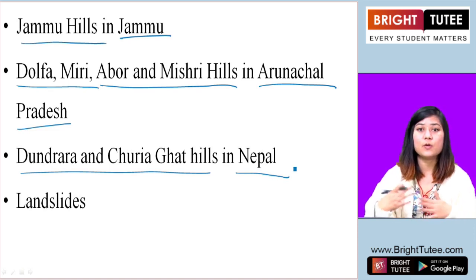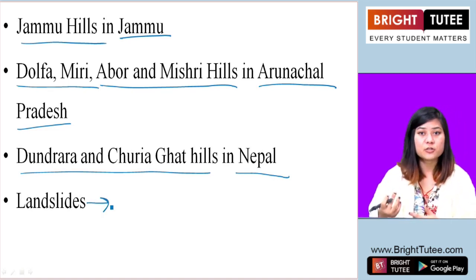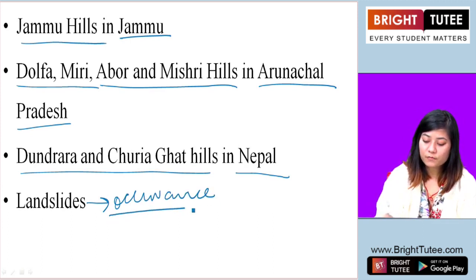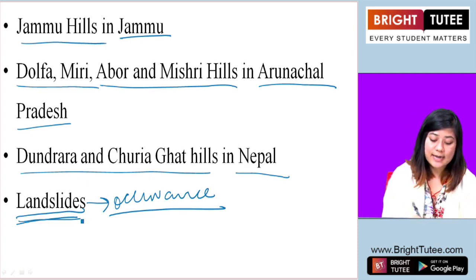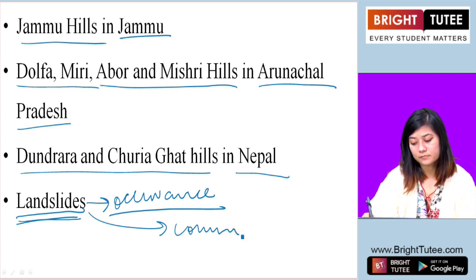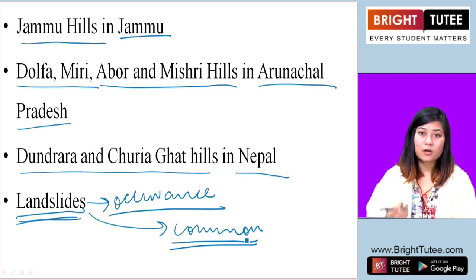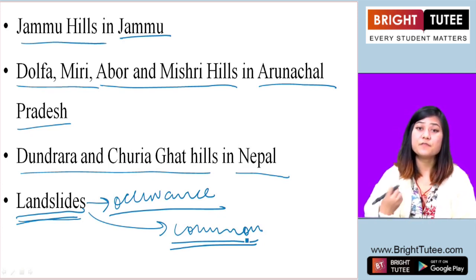right, because of the low-lying hills, and these valleys are called duns. Another characteristic or another feature of this particular range is that the occurrence of a natural calamity called landslide is very common. Landslides take place in this Shivalik range very frequently.